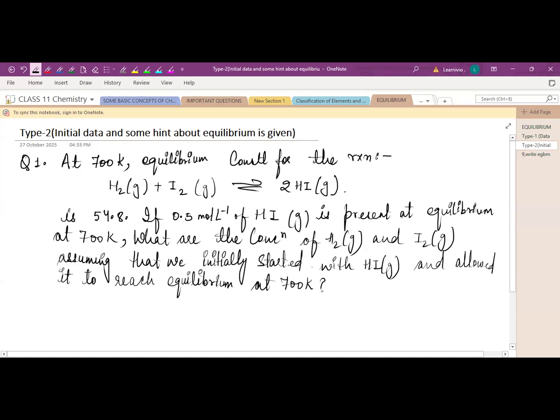That is the question. At 700 Kelvin, the equilibrium constant for this reaction is 54.8.